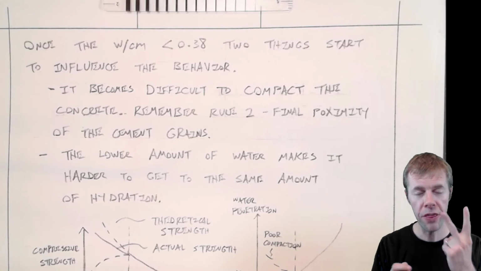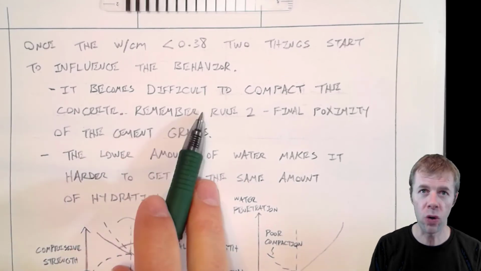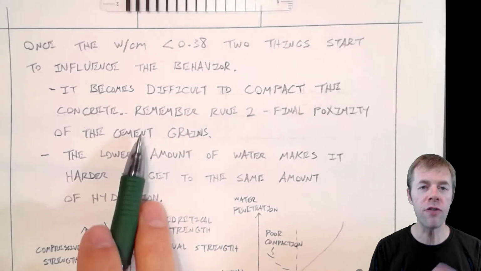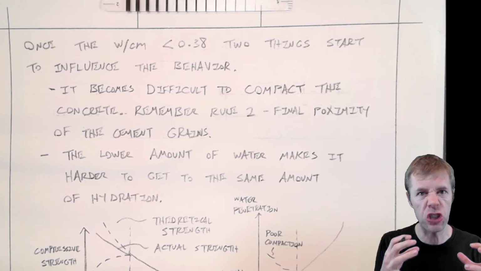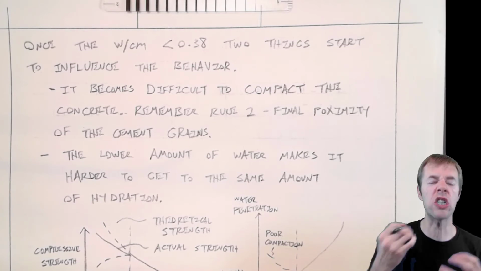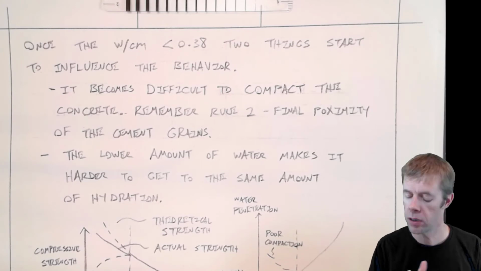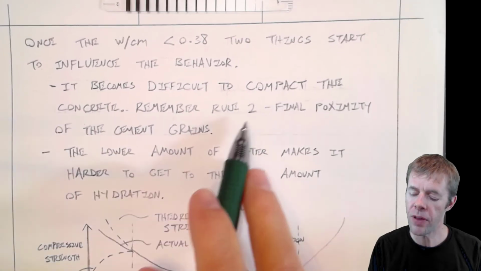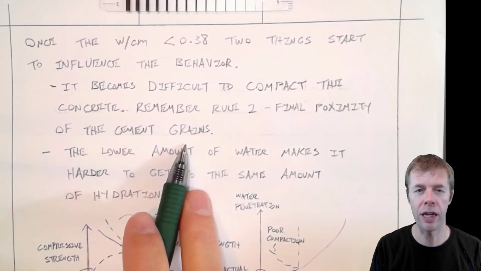But two things start to go on. Number one, it becomes difficult to compact concrete. If you've ever made concrete with a low water to cement ratio, you know what I'm talking about. It is stiff stuff, right? You got to work really hard to crunch it and get all those air bubbles out of it, right? And remember, that's rule number two. The final proximity of the cement grains is really important.